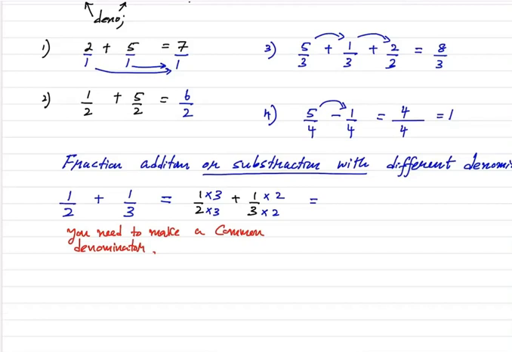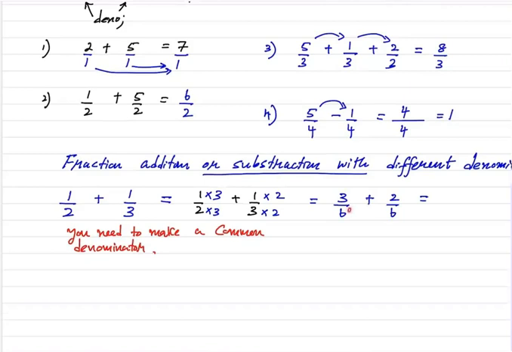Now you can write 1 times 3 is 3, and then 2 times 3 is going to be 6. Just copy, plus sign. Then you have 1 times 2 is 2, you put 2 here, and then 3 times 2 is again 6, you put 6 here. Easy. Now you have that in a different form.